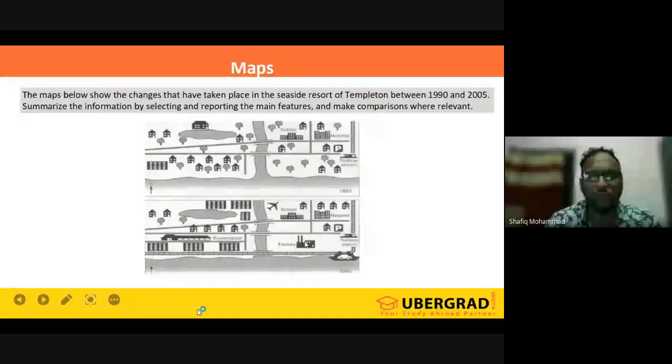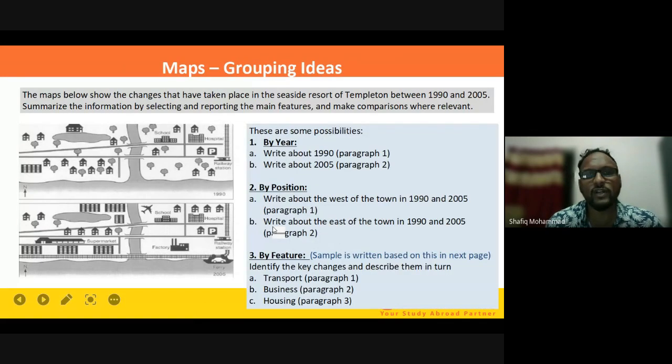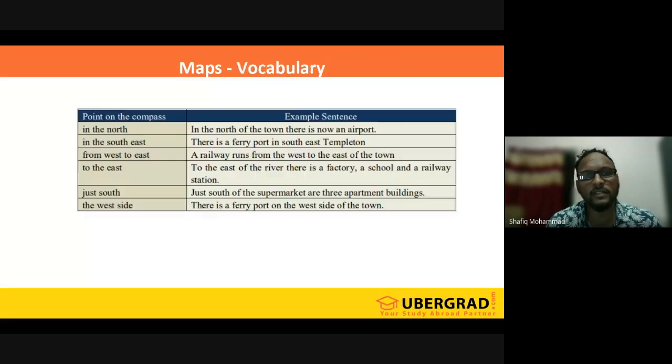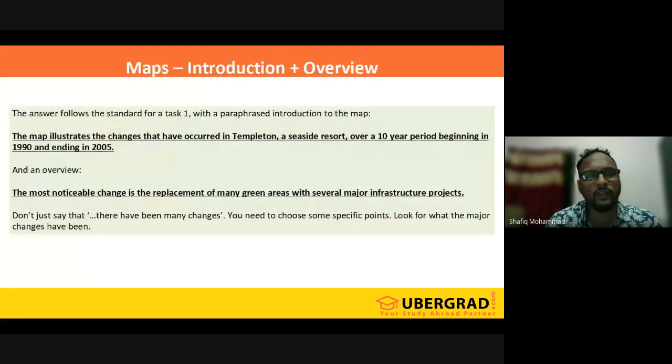Here also, many trees were cut and an airport came, I think, right? Here also, a lot of the greenery area is cut, even here, here to here. Okay. Yes, a supermarket came, isn't it? So that is what he's talking about, isn't it? Yes. So we can talk about that.